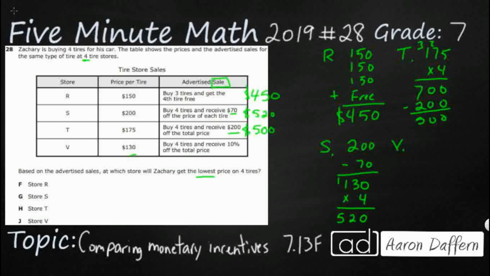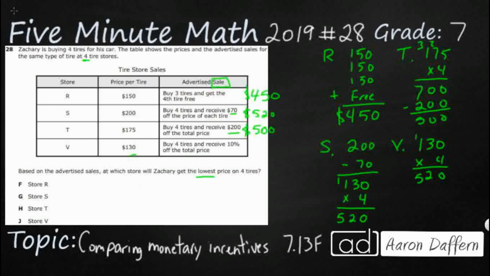So buy 4 tires, and let's just get what 4 tires is. 130 times 4 is 520. But now 10% off. So we've got 2 different options.